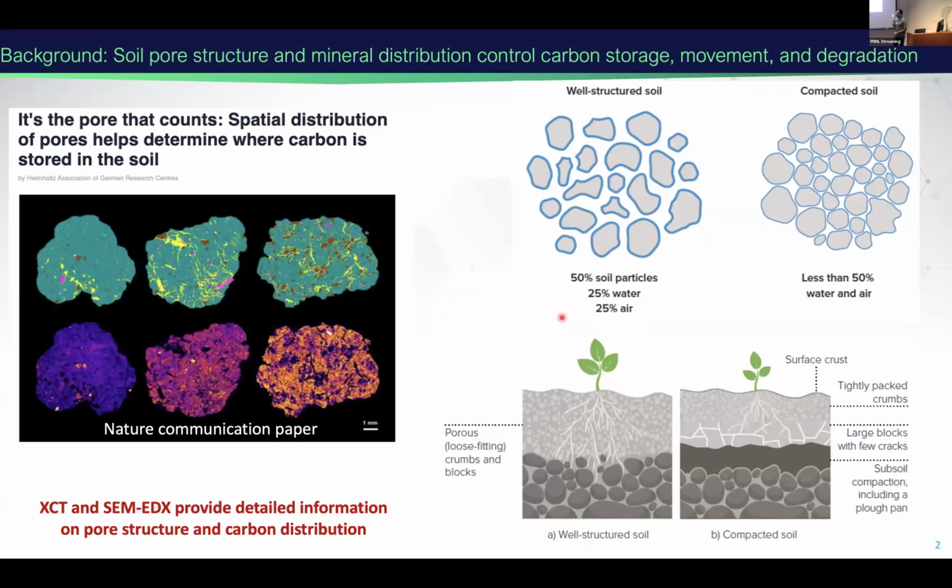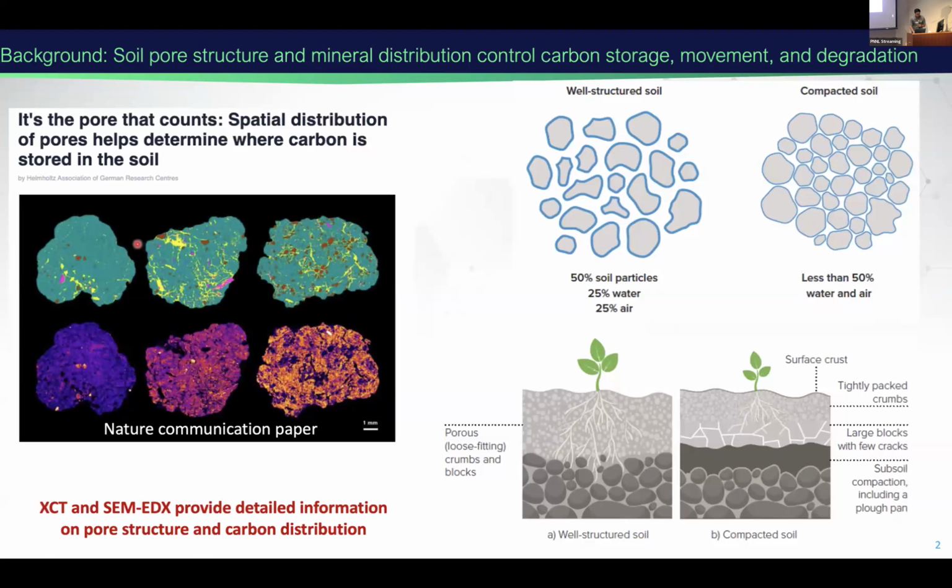So why do we need to use this information in the modeling? As you know, soil is very highly porous depending on the type of soil core you extract. The main thing is soil pores control mainly the carbon storage, movement, and transportation, and the pore matters.